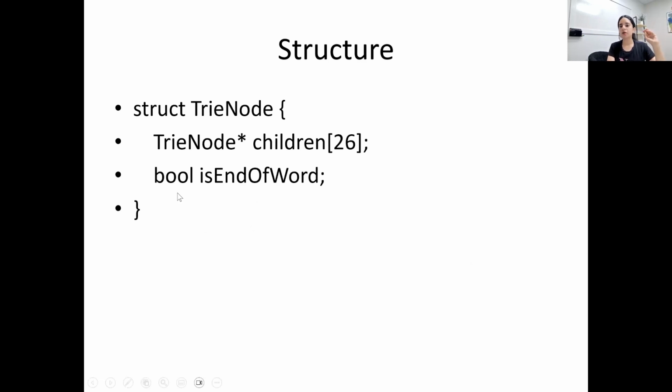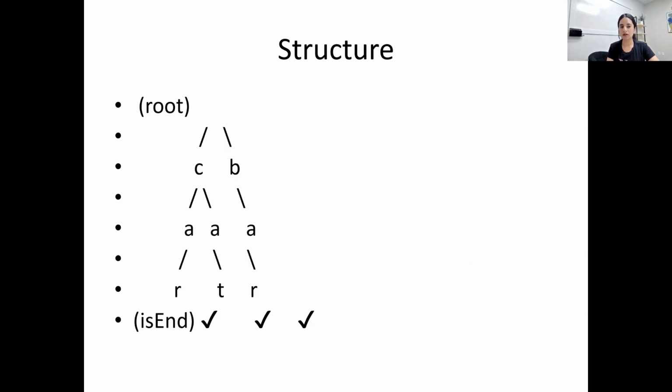This Boolean value represents whether it's the end of the word or not. For example, if you're trying to store the word car, after you're done inserting each letter into the trie, you will change the value of is end to true, which means that the word is completed, and that would also mark the ending when you're trying to search for this particular word.